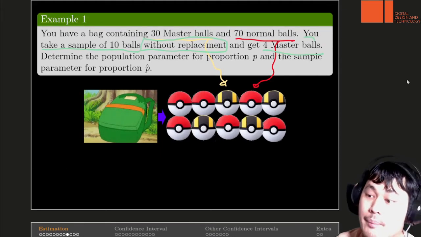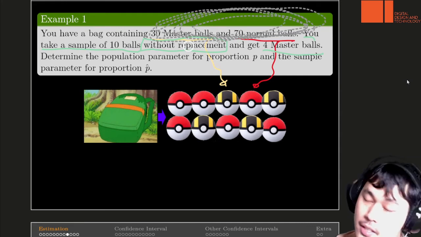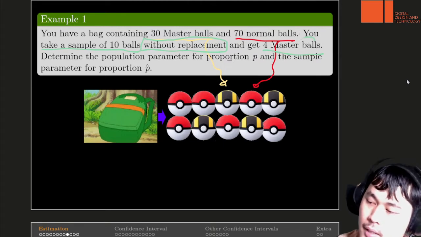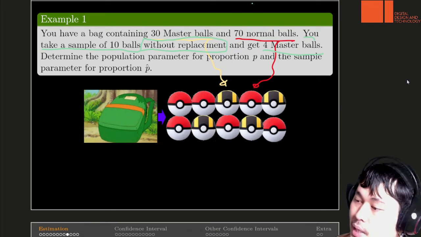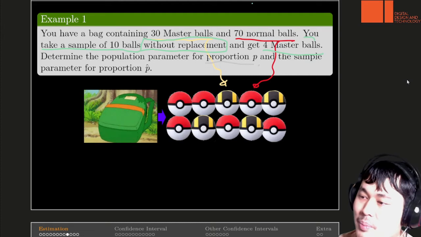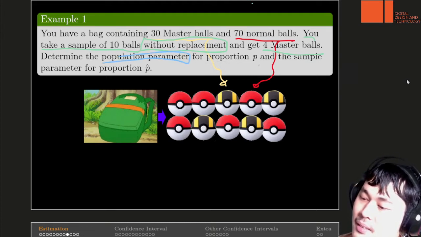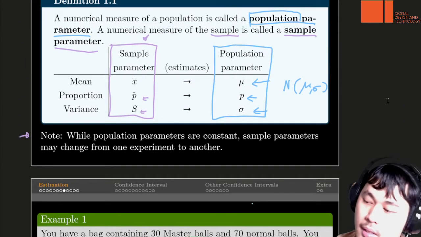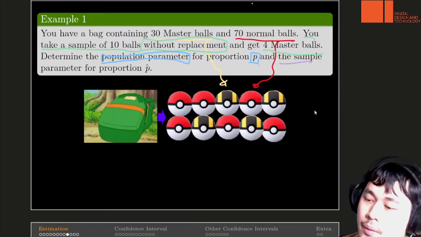And here there are 2 different numbers: the actual content of the bag, and what you or your friend get from the bag. If we talk about proportion, like the ratio of the balls, there are 2 proportions to talk about. We have the population parameter, or the population proportion, which we denote as P, and the sample proportion, P hat.